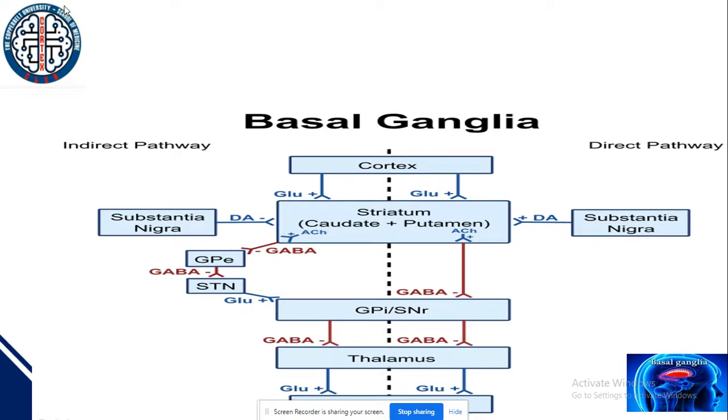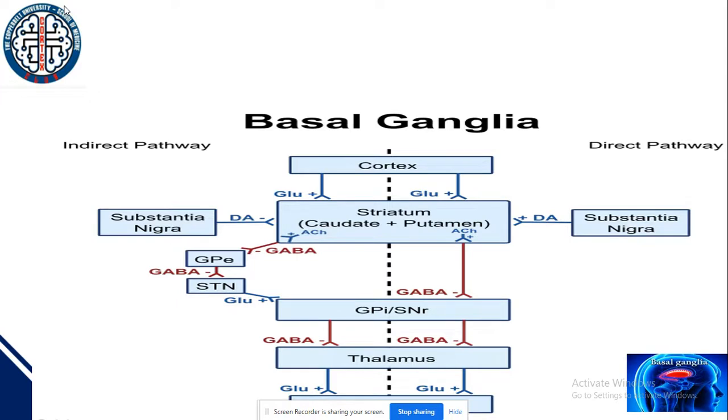Then we're going to have a much increased inhibition of the thalamus. Now, what happens if the thalamus is inhibited? Of course, we're going to have less glutamate being produced. If less glutamate is being produced, then we're going to alter the direct pathway. So in short, the cortex won't be activated to enhance the required motor activity.